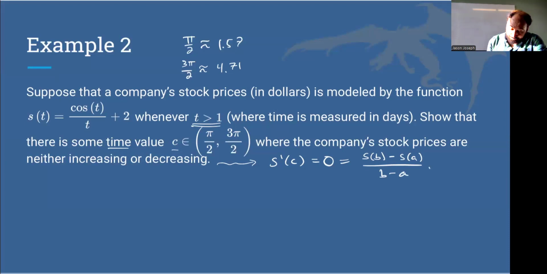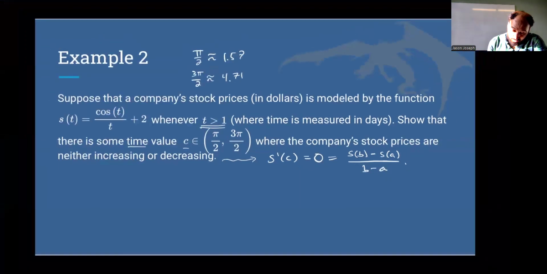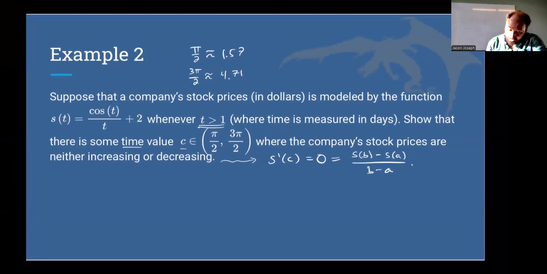So we need to check a couple of things. Since we have this goal in mind of finding a point where the derivative equals 0, I'm going to first check out if this interval even makes sense to be attacking this with.